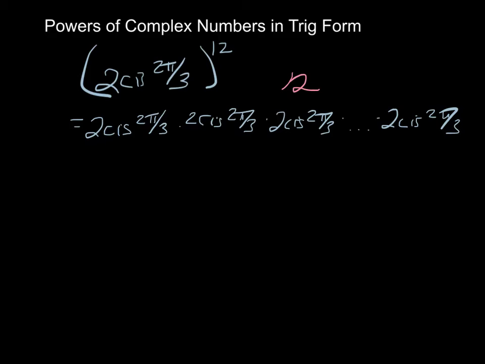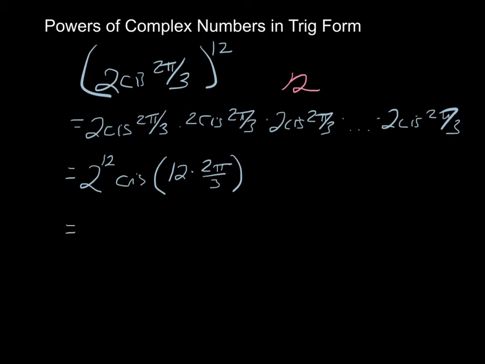So that means that we would multiply 2 times 2 times 2, 12 times, which otherwise can be written as 2 to the 12th. And remember, with multiplication we add angles, so we'd have 2 pi over 3 plus 2 pi over 3 plus 2 pi over 3. We would do that 12 times. So it would be 12 times 2 pi over 3.